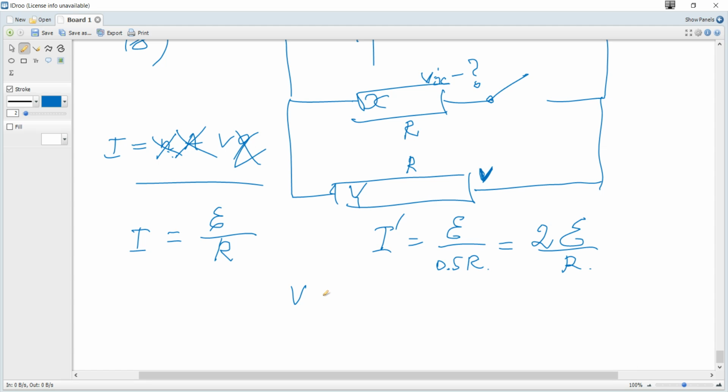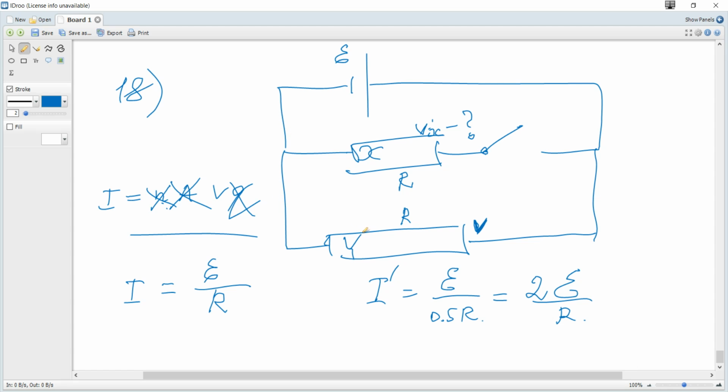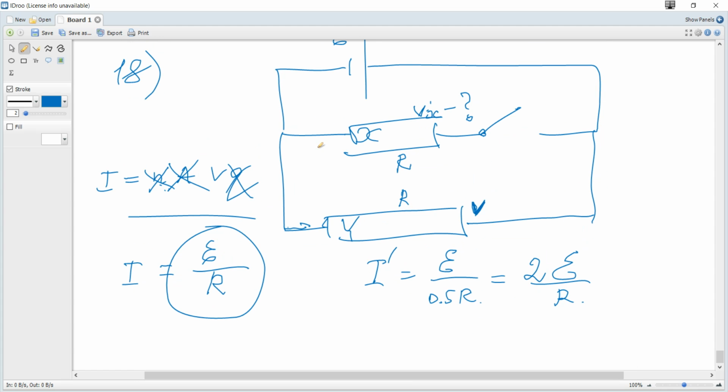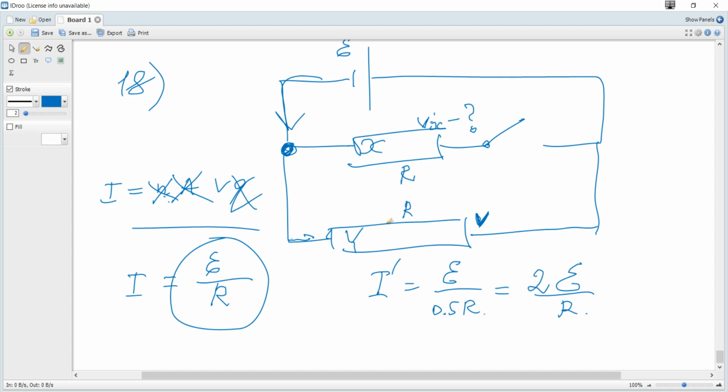No, just a moment. It's just current, but just a moment. Initially it's the current in the circuit, and since it was Y only, it was the current through Y. But now it's the current in the circuit, so it's the current before this parallel junction, and we know that in parallel, currents add up, so it will be split into two branches.